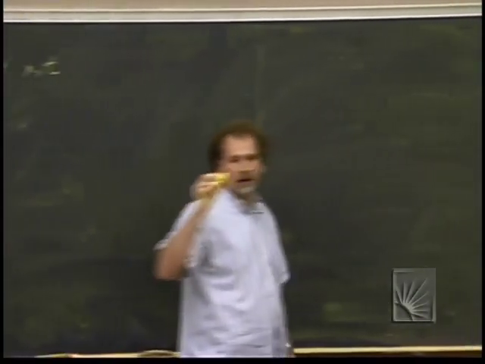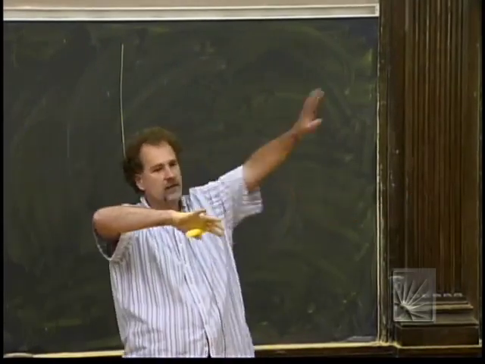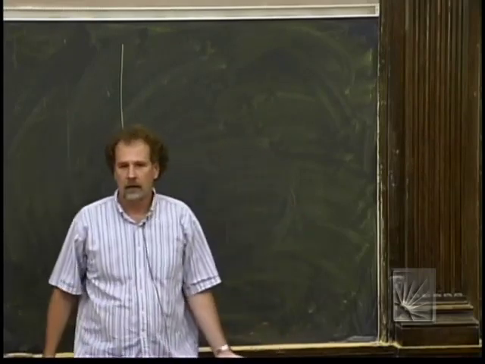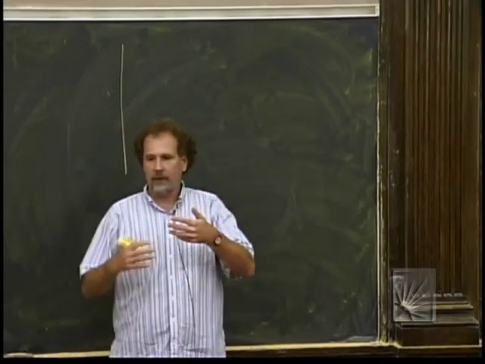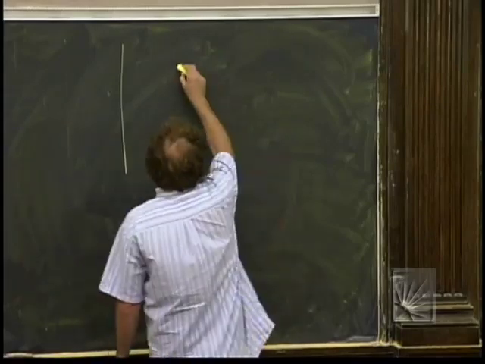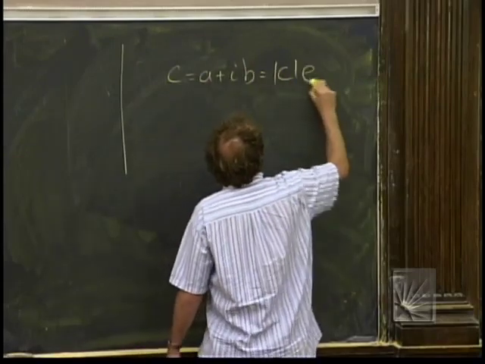Any complex number, even if it's a function, some god-awful function, a square and a cosine and an exponential, all that mixed together, ultimately, for any value of x, any value of t, it's just a complex number. C equals a plus ib, which can be written this way.